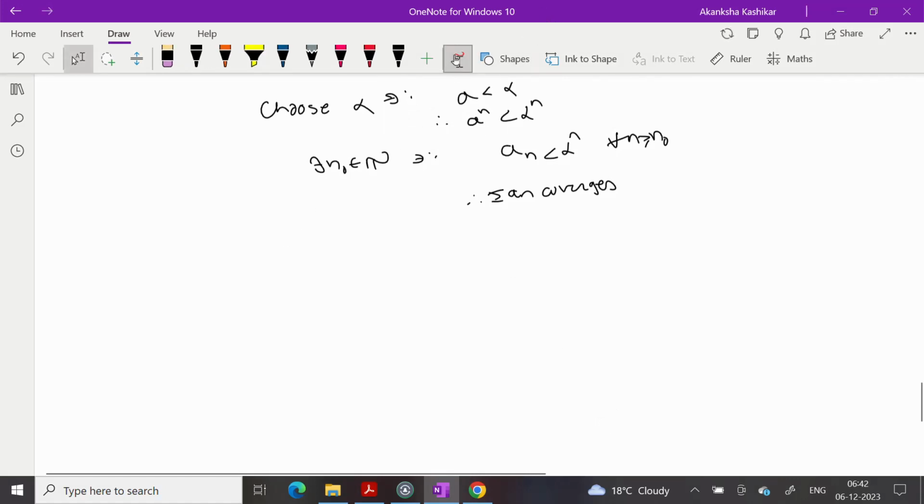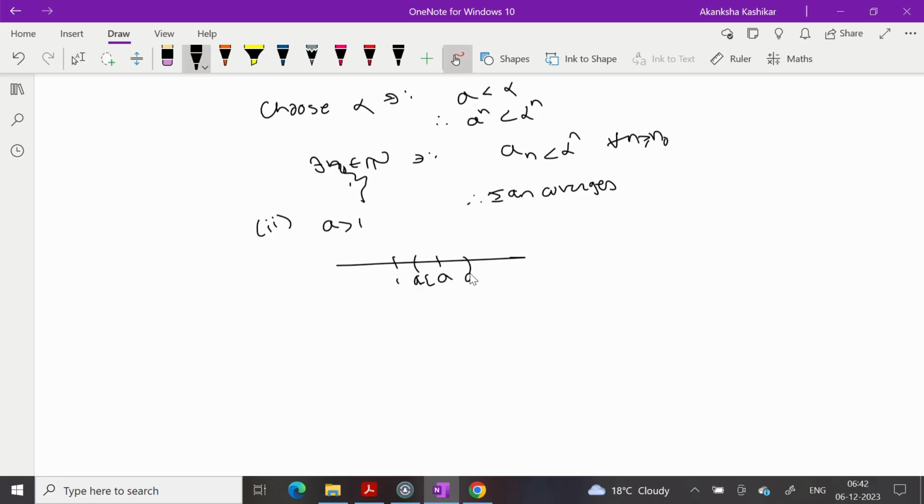So now I have a greater than 1, which means the limit is greater than 1. After a certain point everything will be in a minus epsilon to a plus epsilon, that is, everything will be to the right.